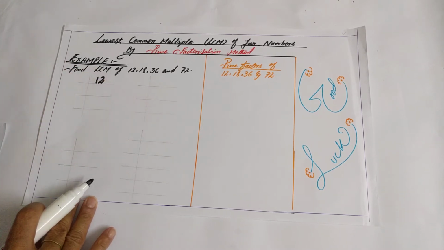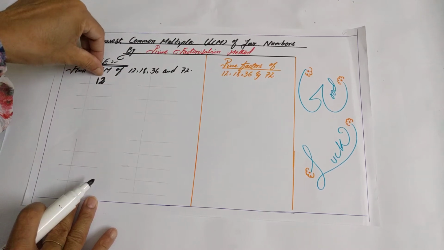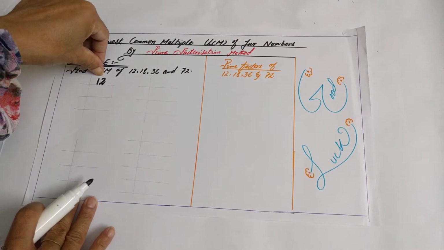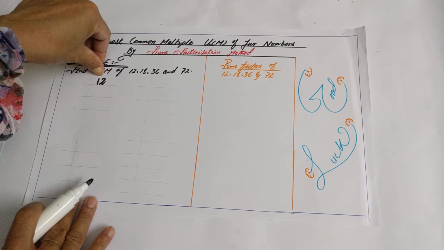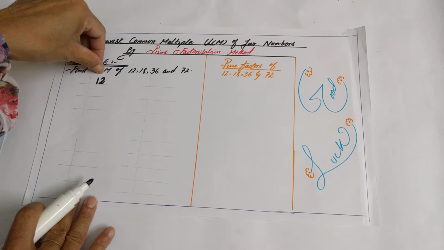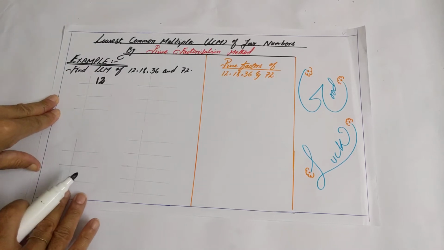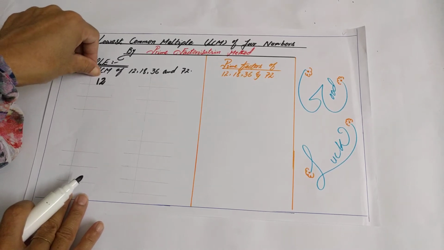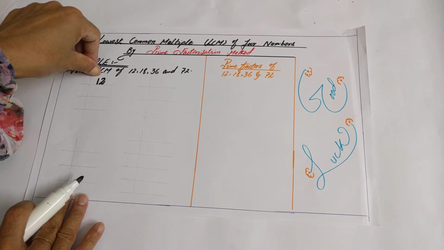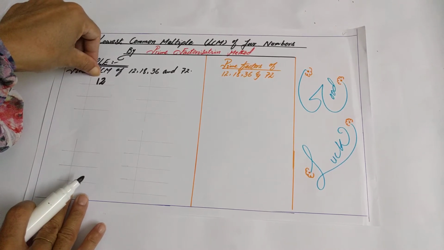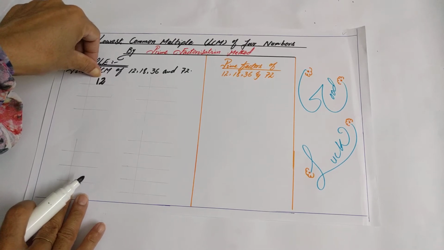Here I will find the prime factors of all these numbers, and when you find the prime factors of a given number, you will use prime numbers. Firstly you will start from the smallest prime number, that is 2. You will check the divisibility by the smallest prime number. If divisible by 2, then divide. Otherwise, if not divisible, then move to the next prime numbers.